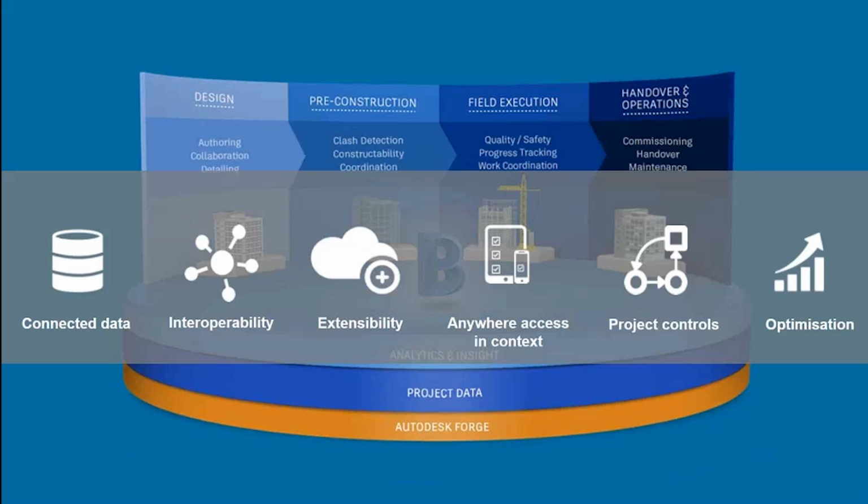Forge allows additional features to be added from third parties. If you look at the Autodesk Exchange store, you'll see already quite a remarkable number of components that can be added into this particular offering.